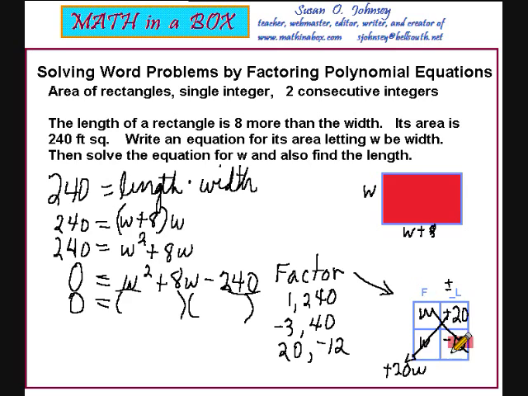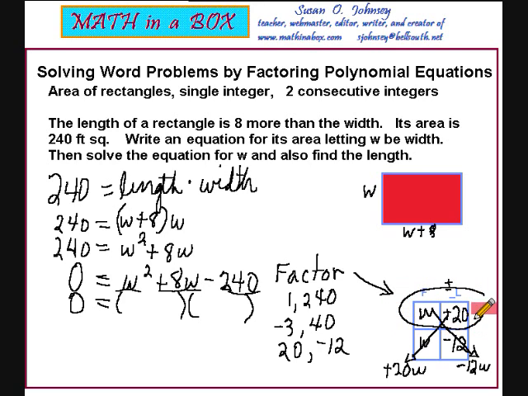And if I multiply going across this way, that's our fourth multiply we've done. That will be negative 12W. And when you add these together, you will get 8W. And that is our middle term here. All four multiplies have to be done, and then we add these two terms. If that gives you the middle term, you have it correct.